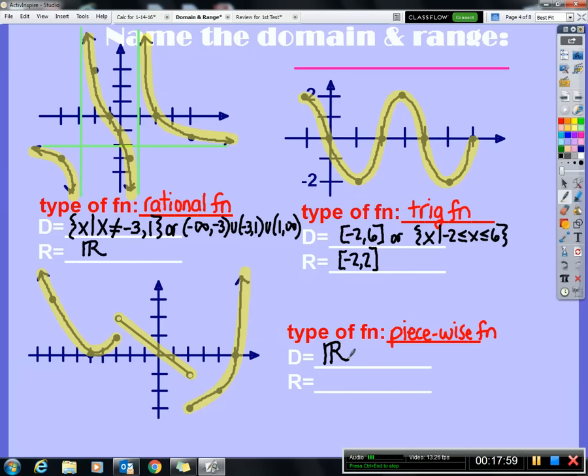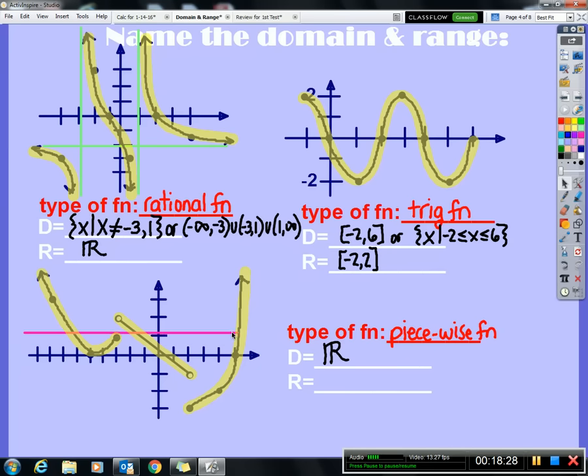So when I look at range, if I start at the bottom, of course, I can see that since the graph doesn't touch my pink line down here, the range is not all real numbers. So my lowest y value is picked up on the right piece of the graph. When I get to here, my pink line is touching the right piece of the graph and the middle piece of the graph. Here, my pink line is touching all three pieces of the graph, but that doesn't really matter.